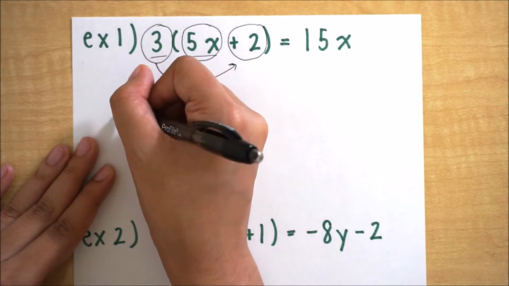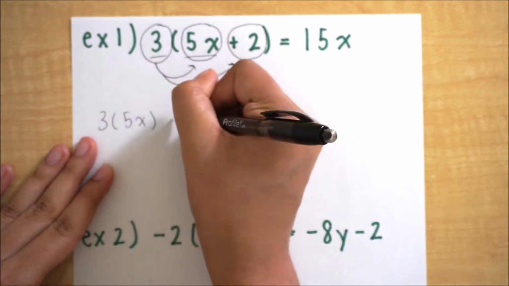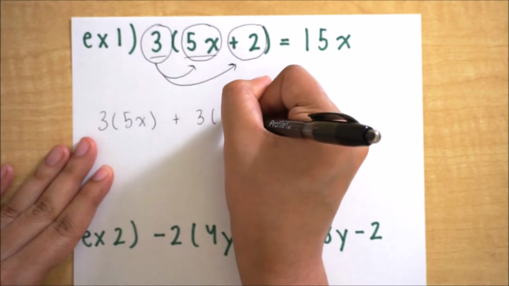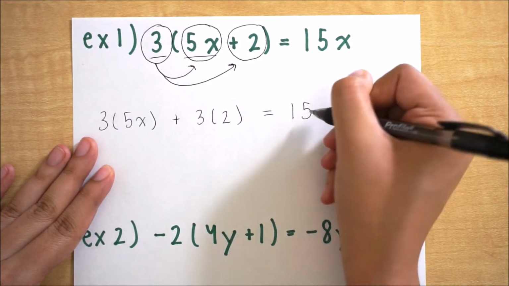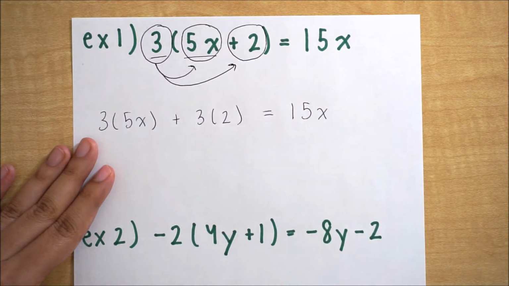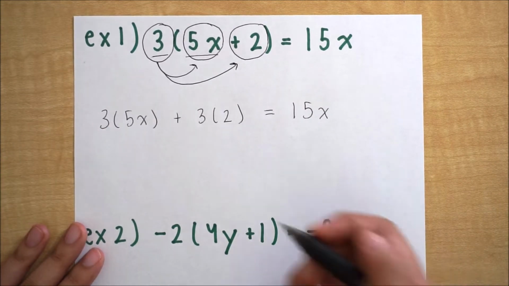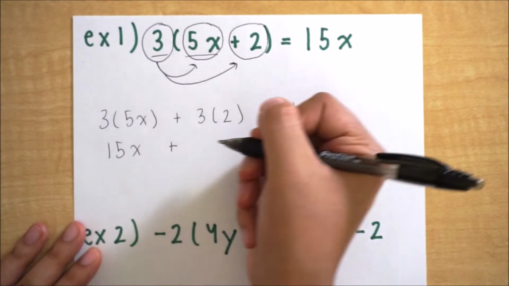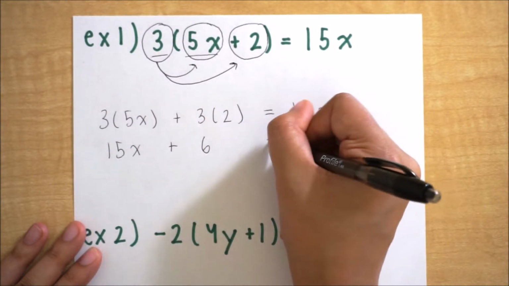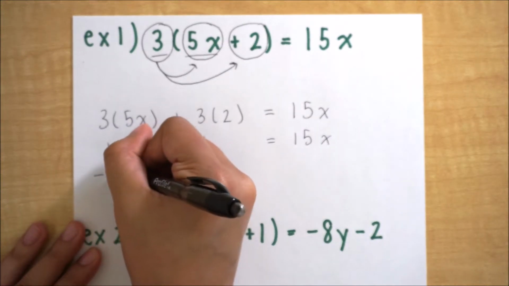So we'll start off by doing 3 times 5x, and we're going to add that to 3 times 2. So 3 times 5x is 15x, that's going to be added to 3 times 2, which is 6. And then we keep the 15x the same.